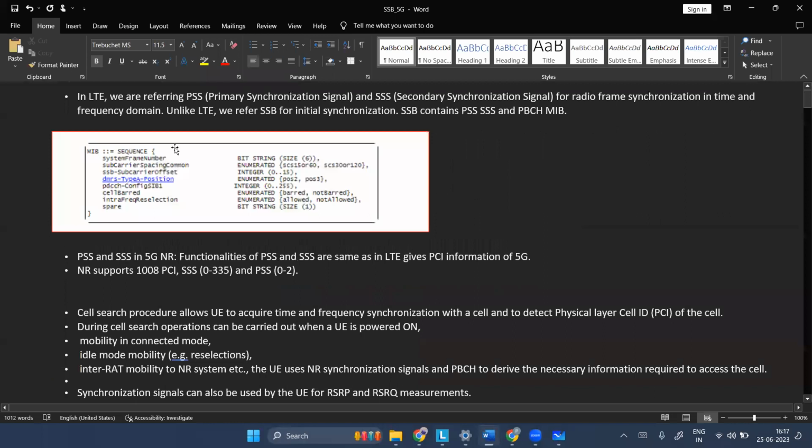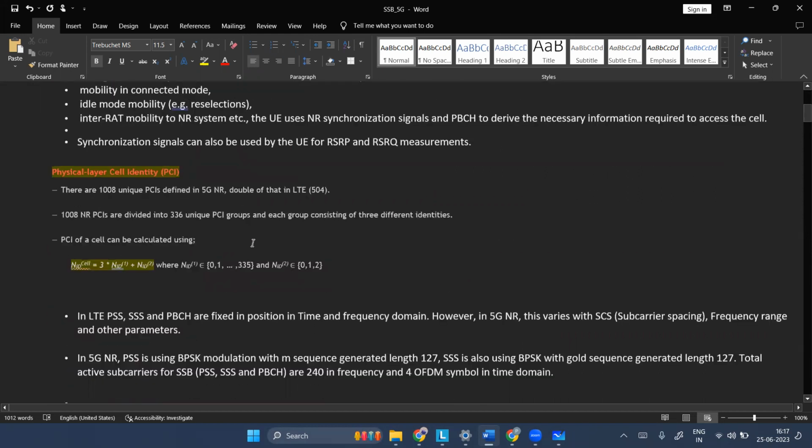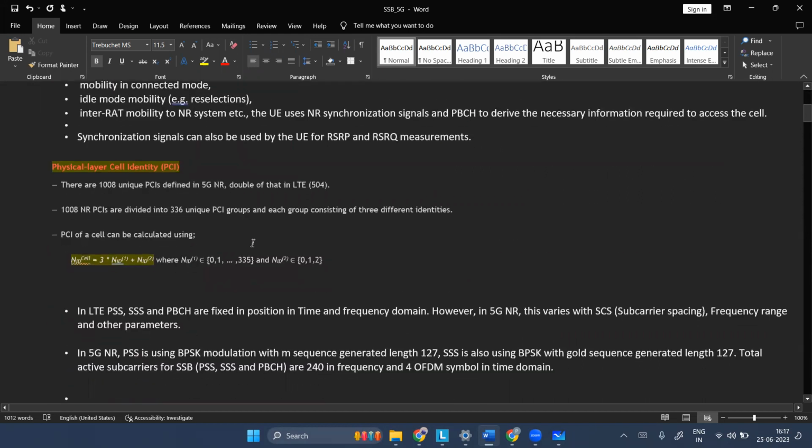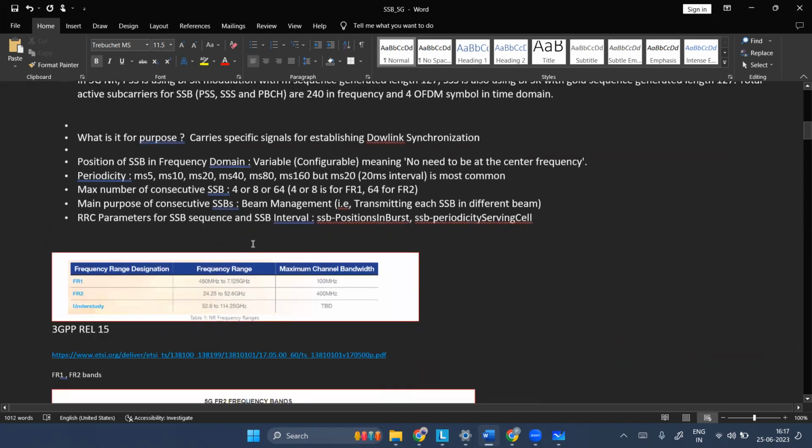If you see here, this is your MIB. It is similar to LTE only. If you see this blue mark, the DMRS type A position, this is also part of the MIB that I have told you, right? And the rest of the things are similar to LTE. We'll go into detail maybe later on, because today's concern is SSB only. So we'll focus on SSB today.